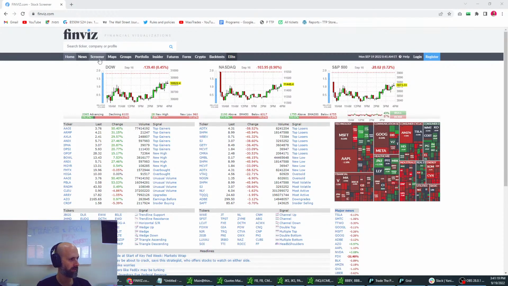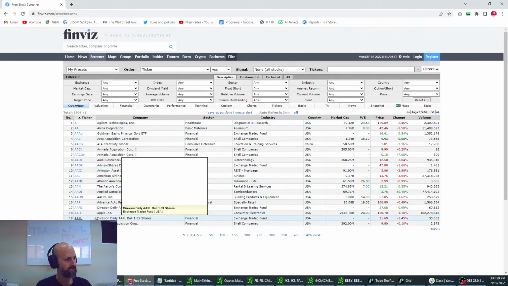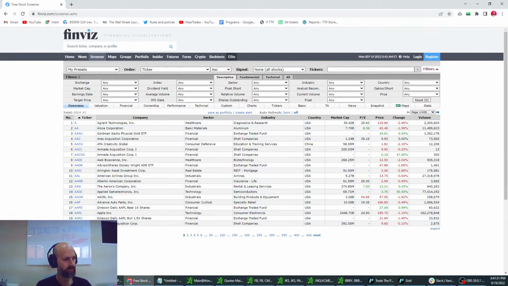So for example, if I go to the third tab from the left, the screener, now I'm getting a nice list of all of the assets that have been trading on the New York Stock Exchange and the NASDAQ.